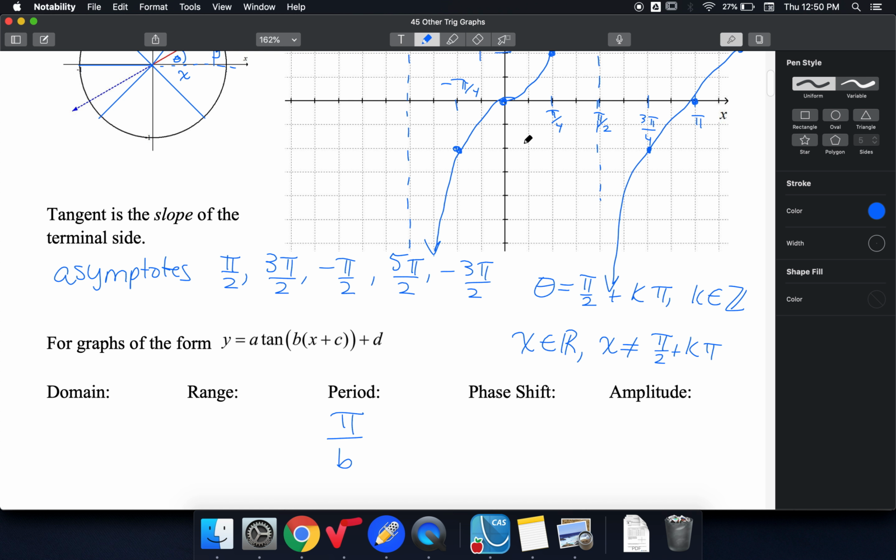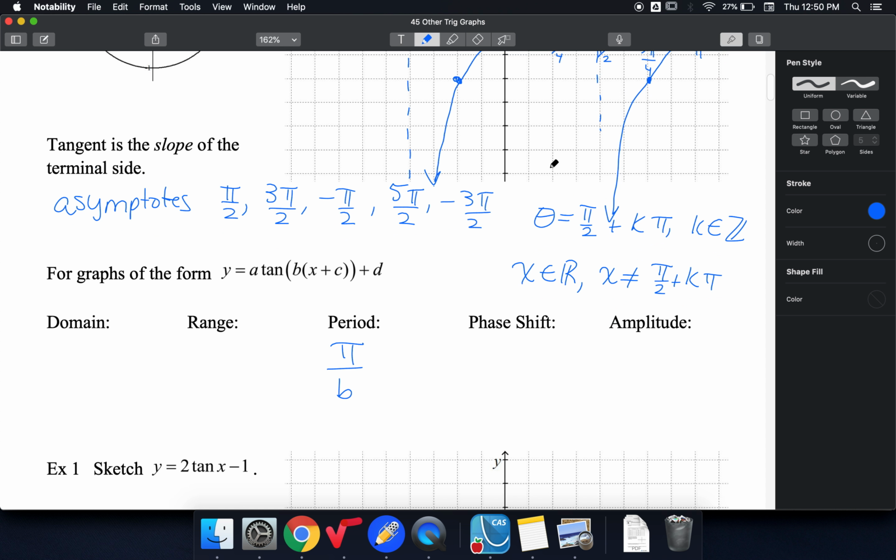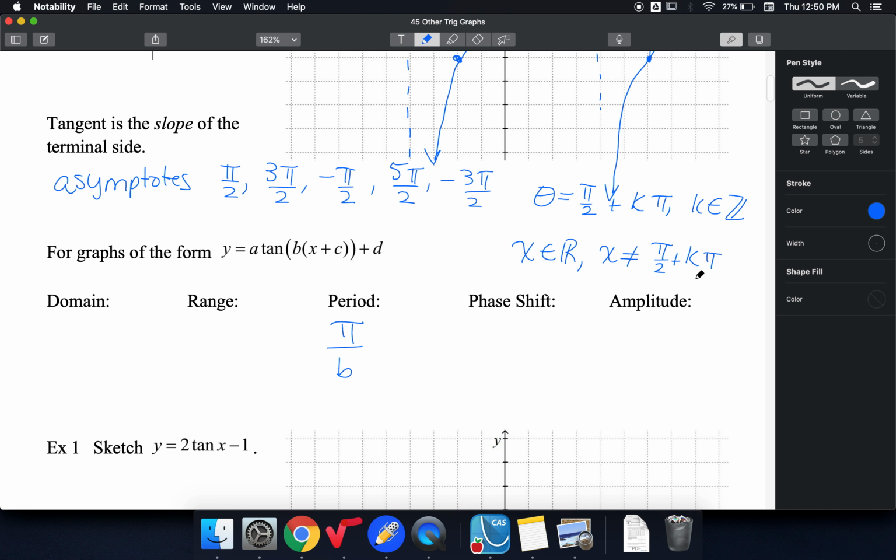So I'm going to take my pi over 2 plus k pi. So x is all reals, except x is not equal to pi over 2 plus k pi. But all of that would have to be divided by b and then shifted left or right by my c value.